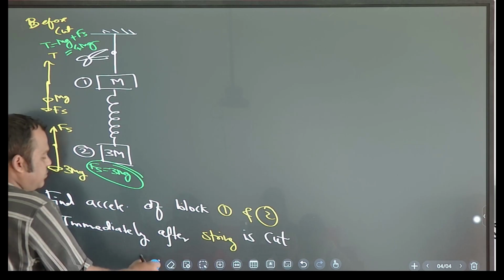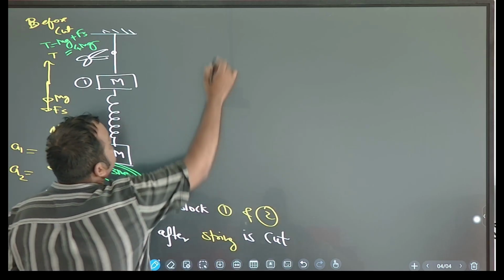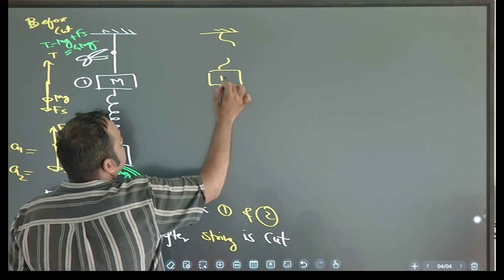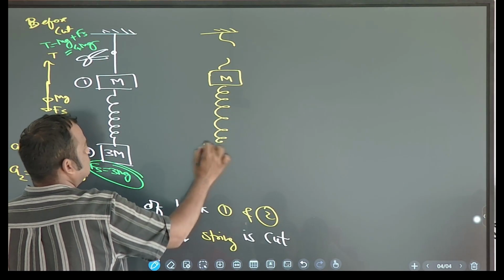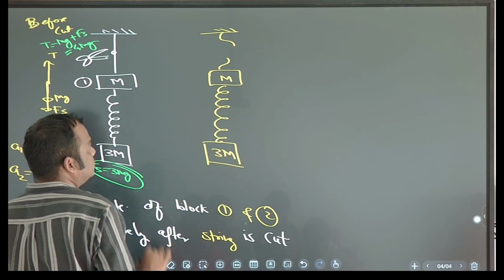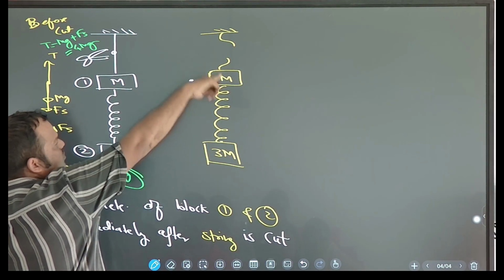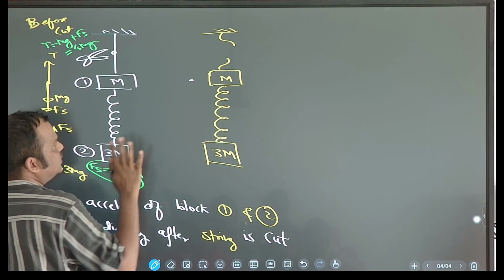Okay. Now the string is cut. Now this is 3m, M and 3m. Any upward force on M? No. Tension is gone, missing, no tension.